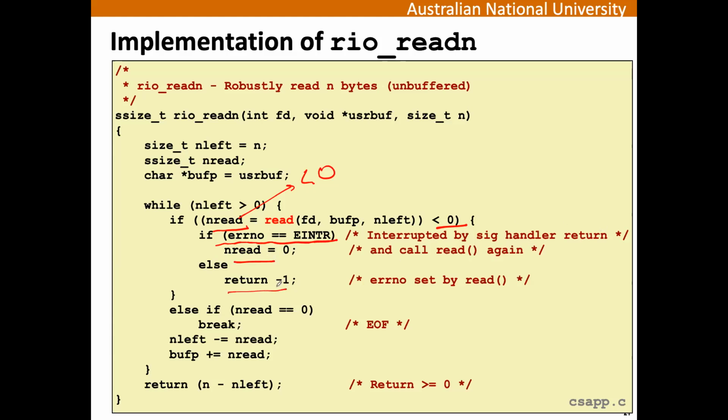Otherwise, for all other kinds of errors, you just terminate the function. And if nread is 0, it means the end of file.